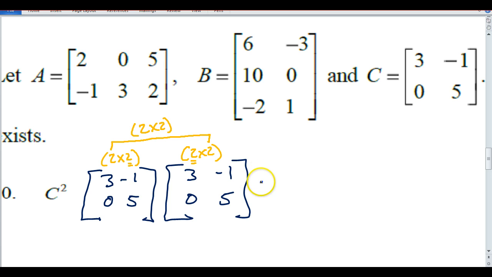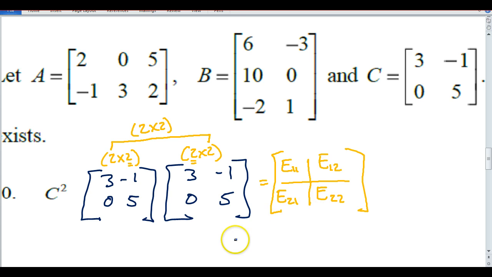So basically my answer matrix is going to be in this form. This will be element 1,1, element 1,2, element 2,1, element 2,2. So let's find these one at a time.